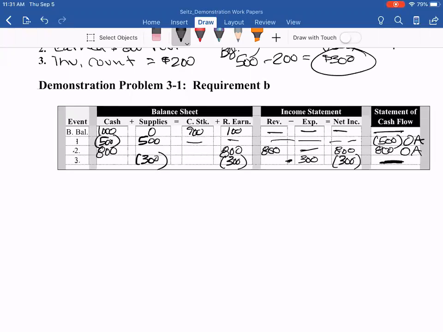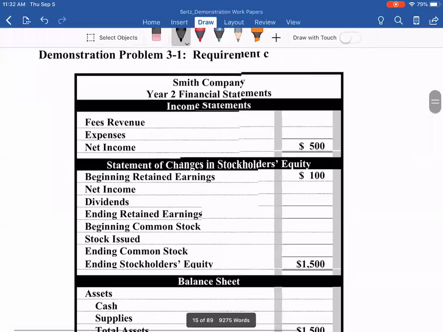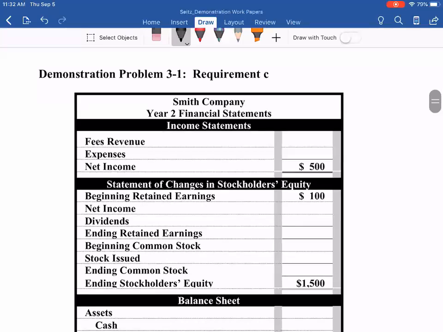And then finally, it says prepare a balance sheet, income statement, and statement of changes in stockholders' equity. So we have here part C of this particular problem. The revenue that we received from up above was $800. Our expenses that we used was $300.